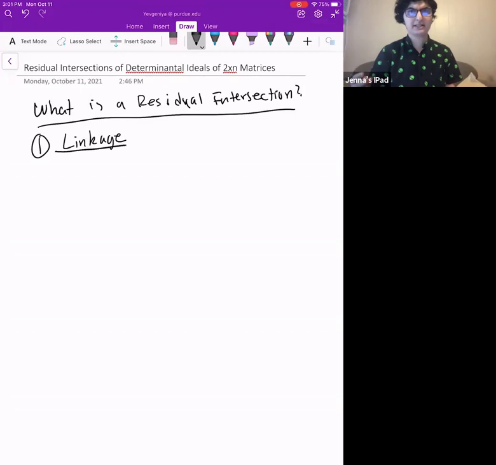But what is linkage? Well, the history of linkage starts in algebraic geometry, where it used to be used to, for instance, classify curves in P3. So for historical reasons and for the geometers out there, I'm going to start with a geometric definition.